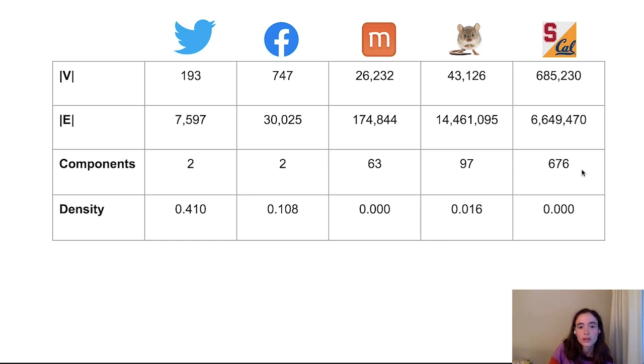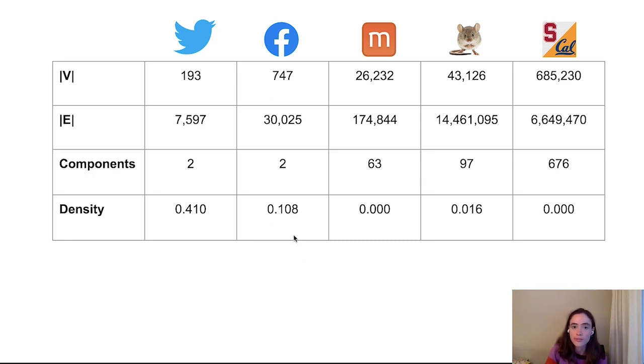It's also useful to think about how the number of possible edges changes as the number of vertices increases. So here we can see that there are just 600 more vertices in the Facebook graph than in the Twitter graph. But the Facebook graph has many more, like 20,000 more edges than the Twitter graph. But despite that, the Twitter graph is much more dense than the Facebook graph.